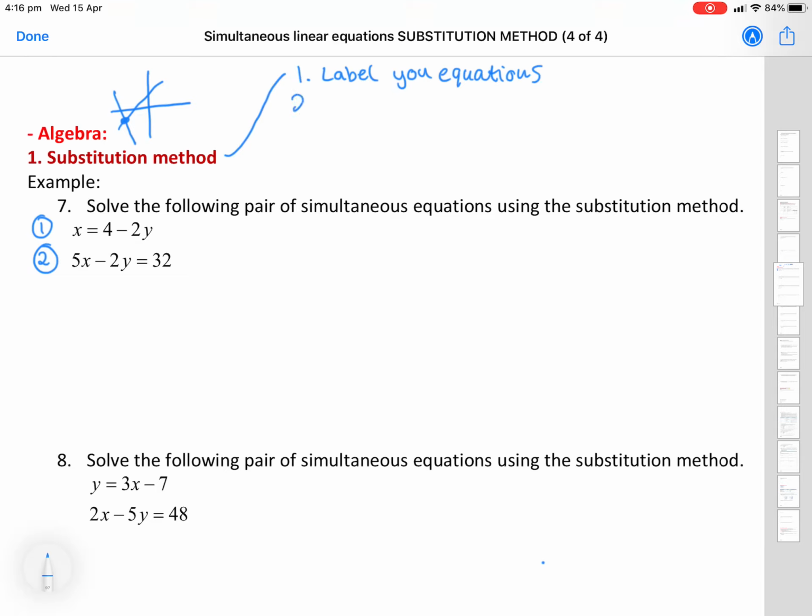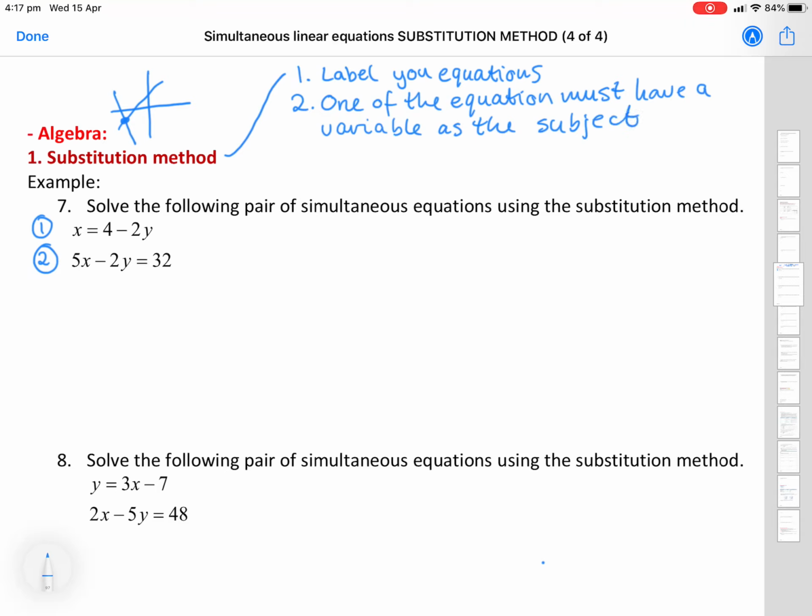The second step for the substitution method: one of the equations must have a variable as the subject.